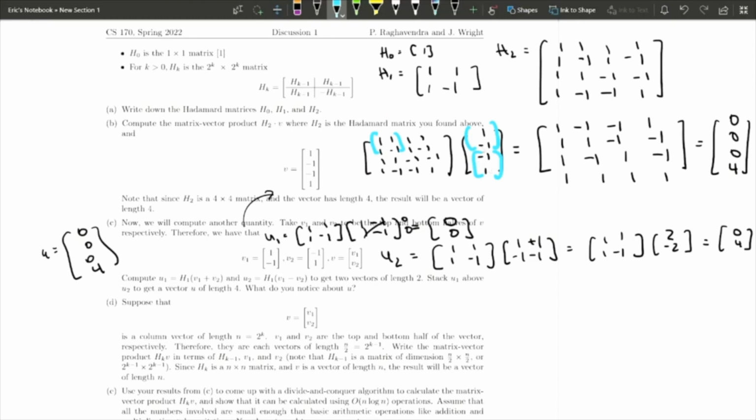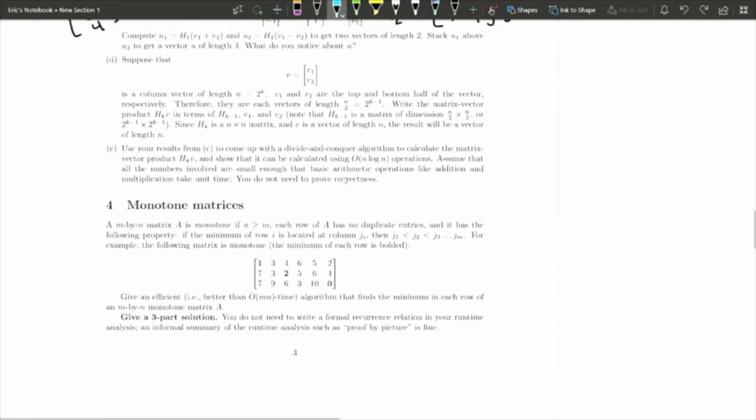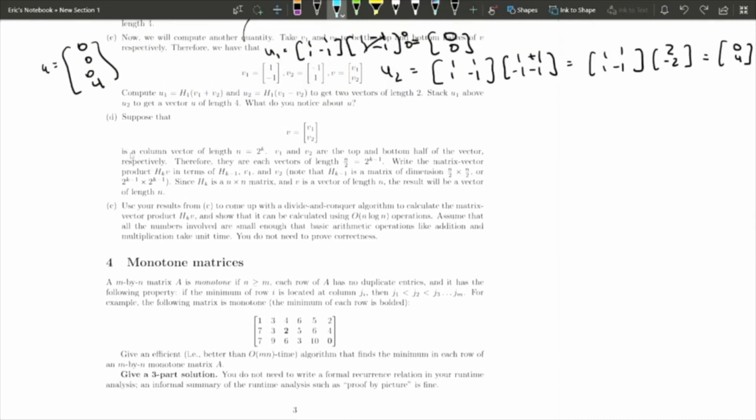And the cool thing is that we only needed to do math on this little left quadrant of the matrix. So we forego all this multiplication, and that's really cool. We'll see further down in the question how much runtime this will save us in the end. So let's continue on with the question.